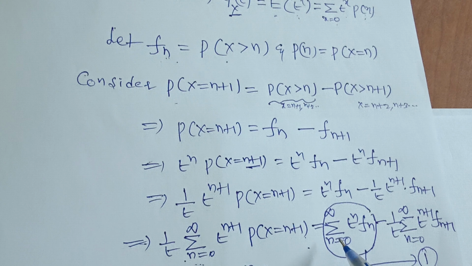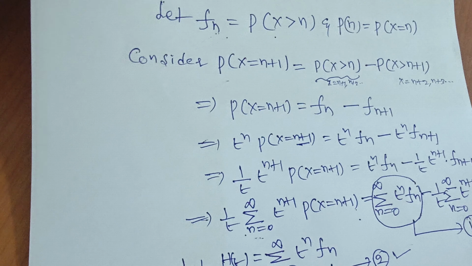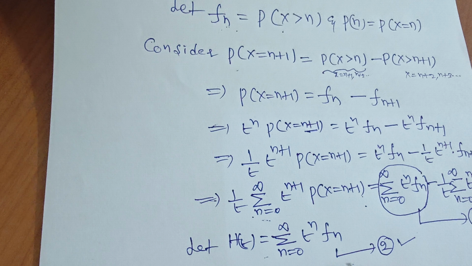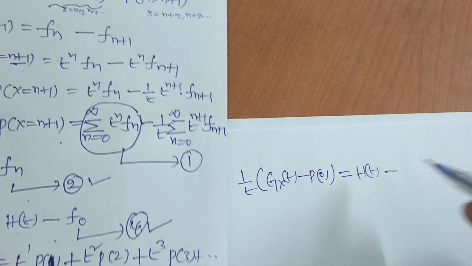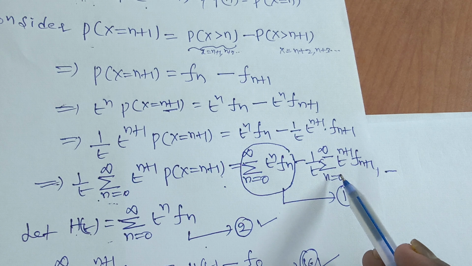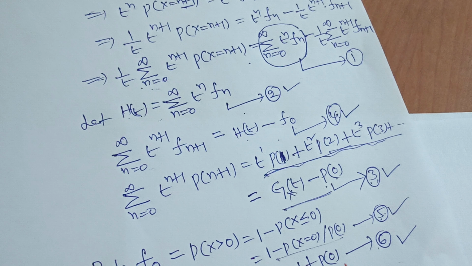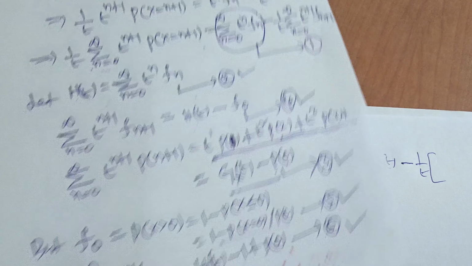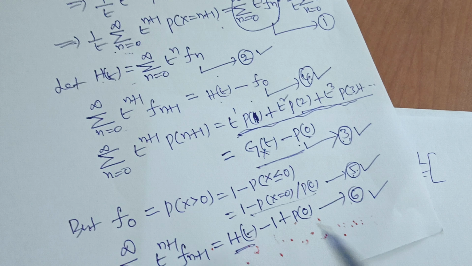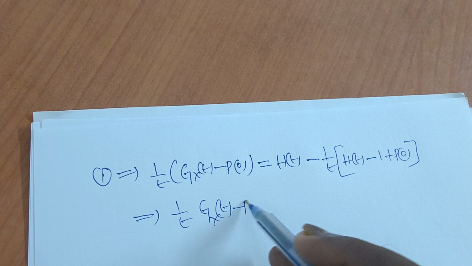In place of sigma n equals 0 to infinity t^n f_n, it can be taken from equation number 2 as h(t), minus 1 by t sigma n equals 0 to infinity t^(n+1) f_(n+1), which from equation 6 can be written as 1 by t into h(t) minus 1 plus P(0).